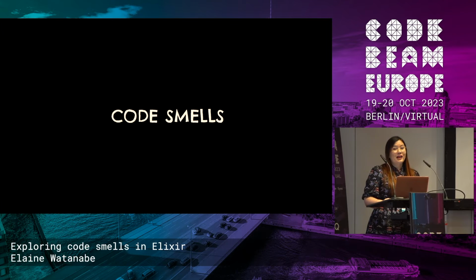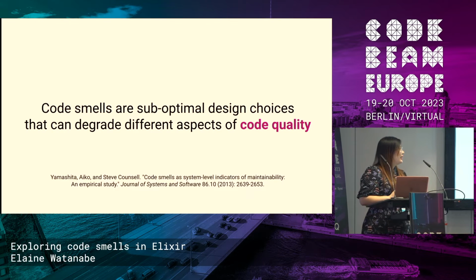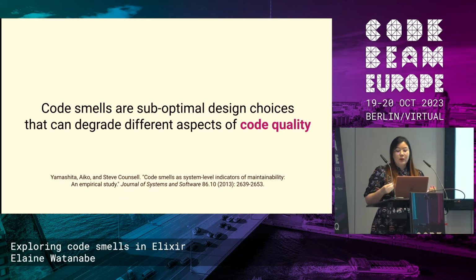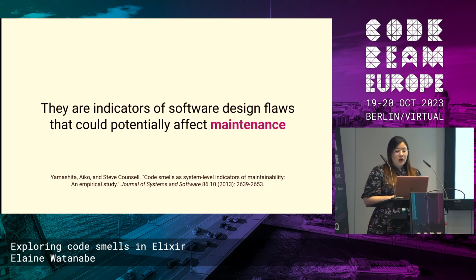So code smells. Who here is familiar with the term? Oh, nice. But just to put everyone on the same page, this is one of my favorite definitions. Code smells are suboptimal design choices that can degrade different aspects of code quality, for example understandability and changeability.